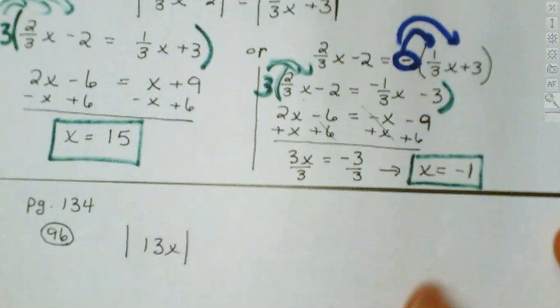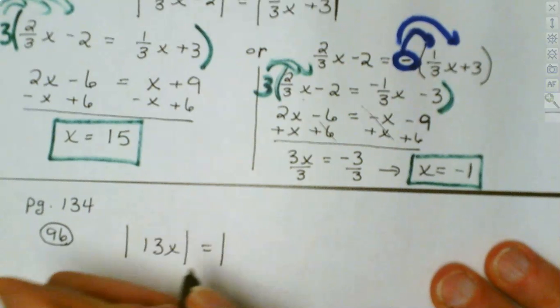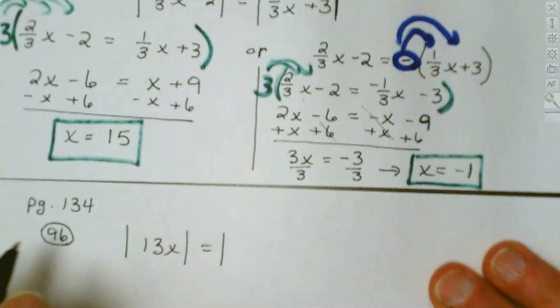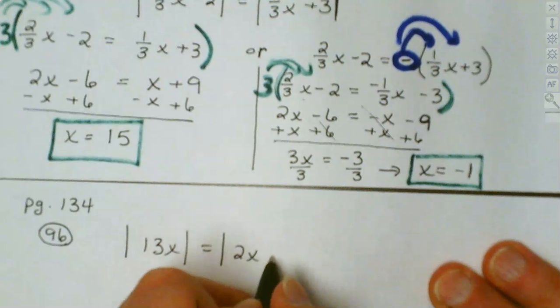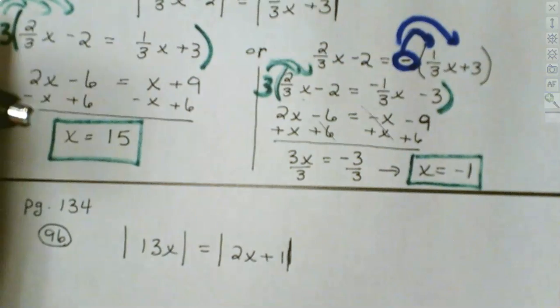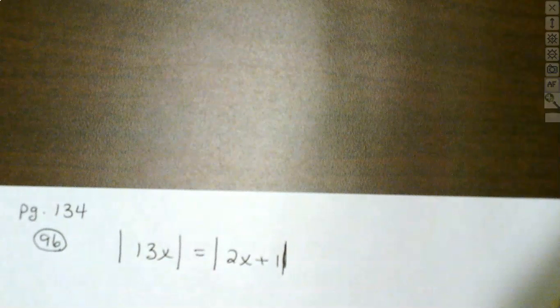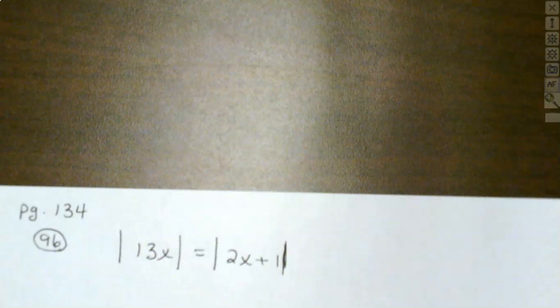Got the absolute value of 13x equals the absolute value of 2x plus 1. We've got an equal sign, so that tells me that I've got to come up with my two equations here.